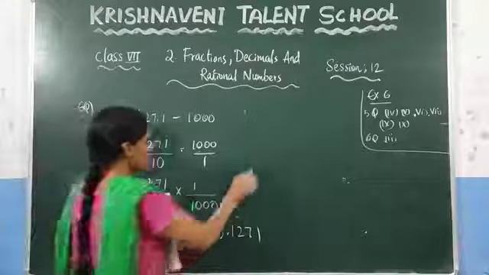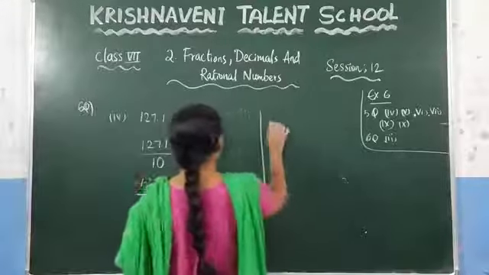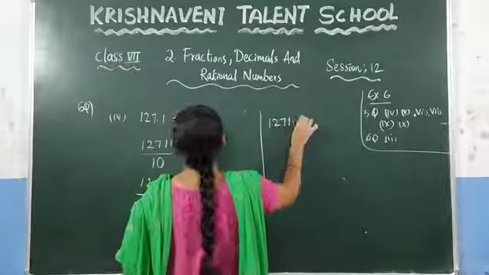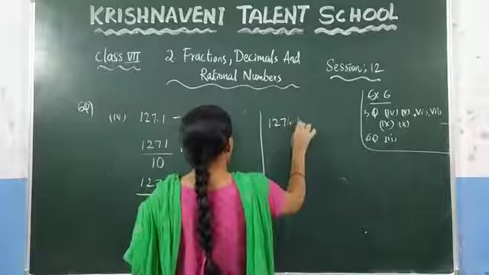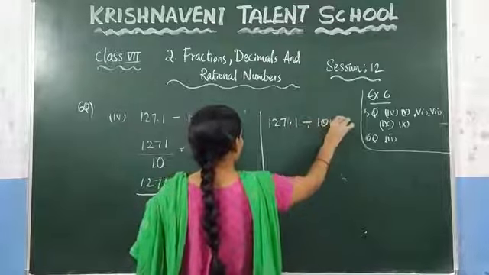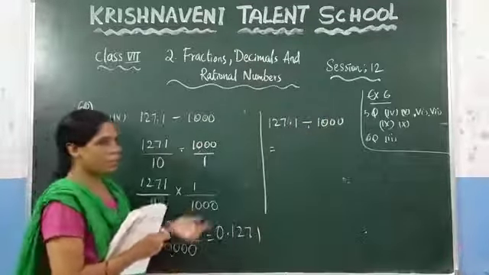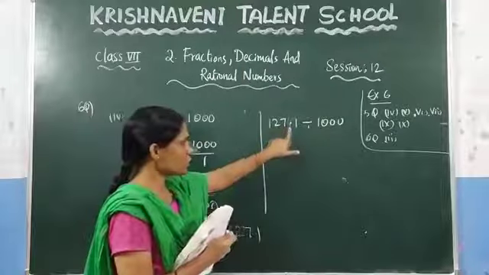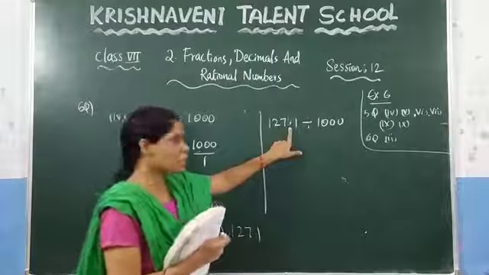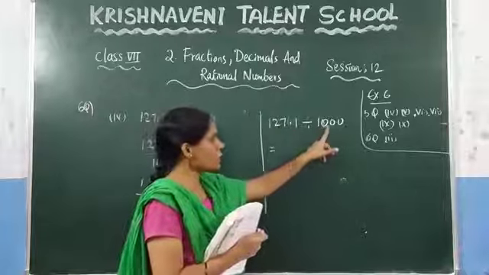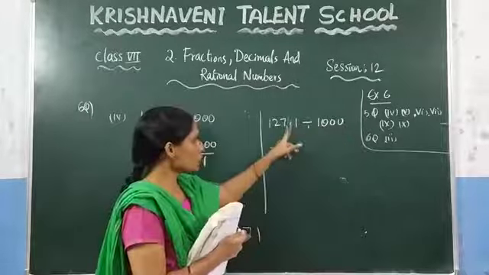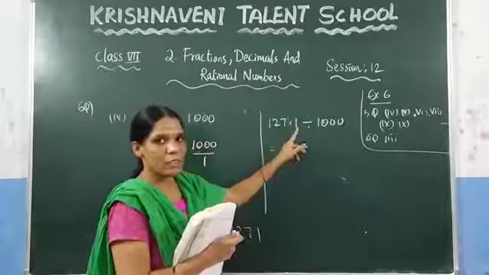Now here there is the other method to solve the same problem, which is 127.1 divided by 1000. Within one step you can do this one. Here, if you are dividing with 1000, you need to shift this decimal point as many as the zeros. Since here how many zeros are there? 3 zeros are there. You need to shift this decimal point 3 numbers to the left.